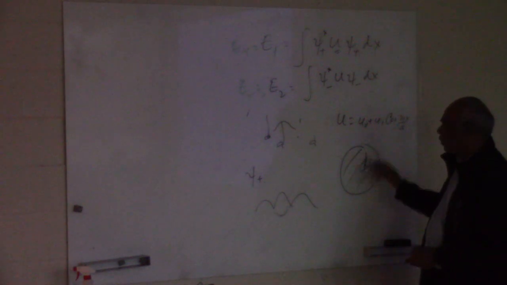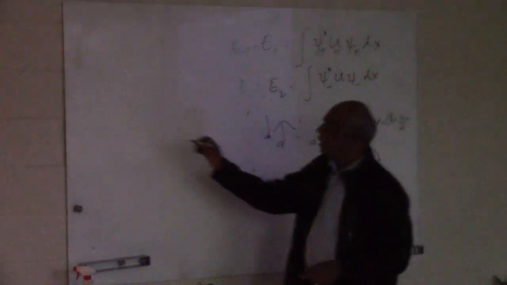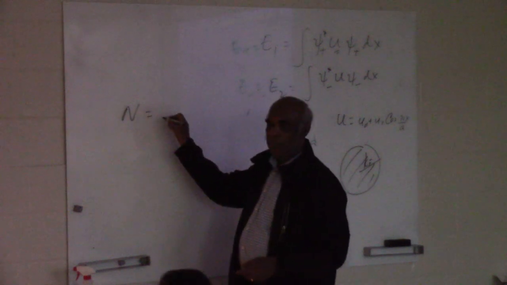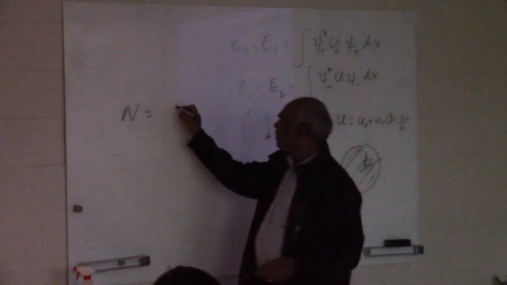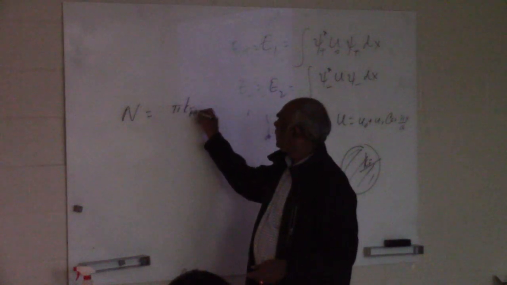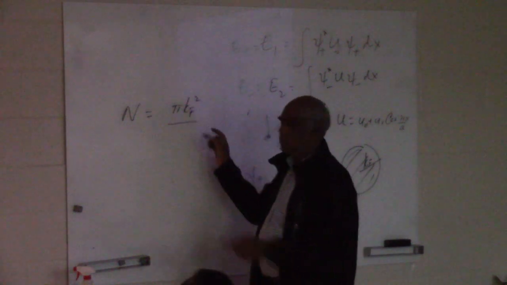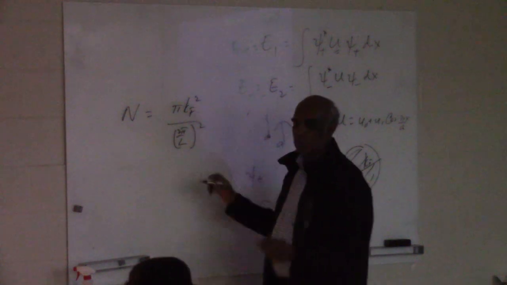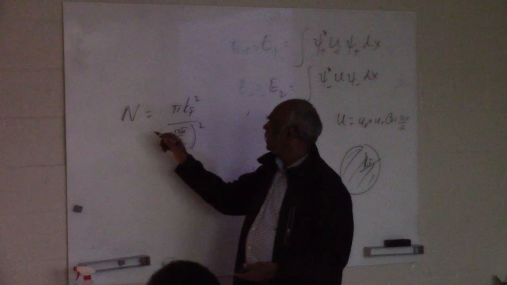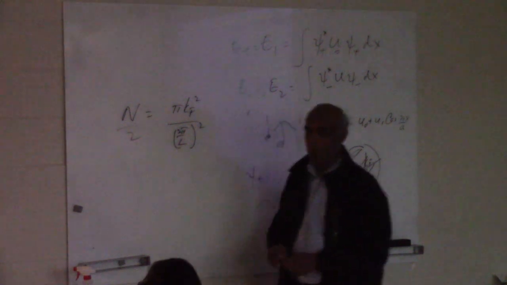So now how do you calculate kF? If you remember, the number of electrons is given by this area, which is π kF squared, divided by the area of each state, which is (2π/L) squared. That will give, actually, this is half of this one. Why?